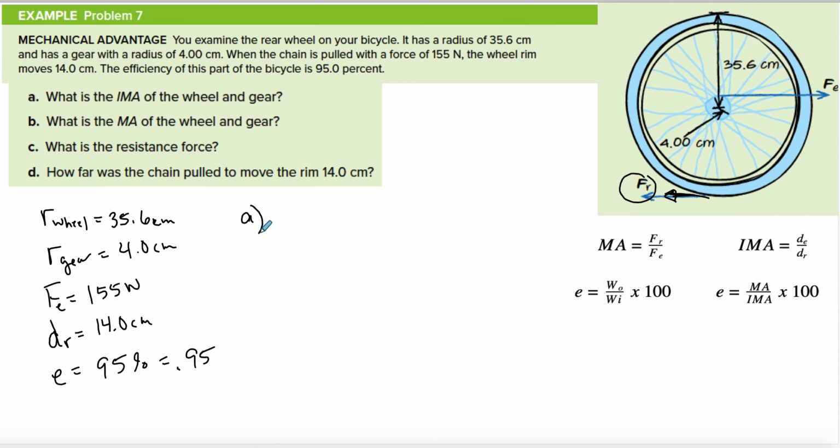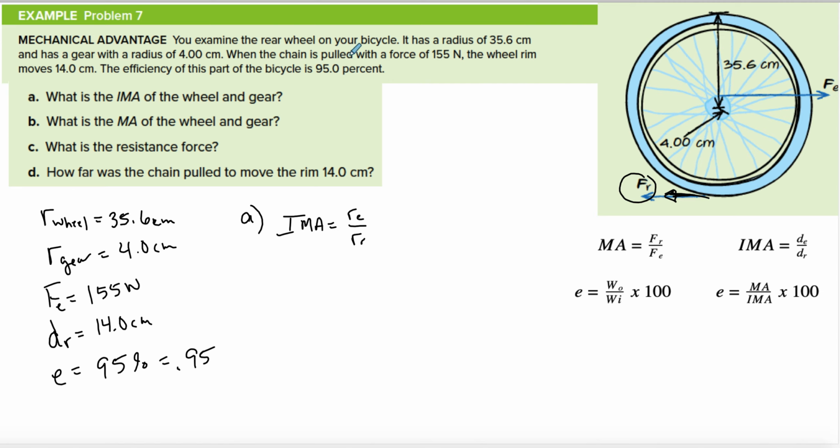So A, what is the ideal mechanical advantage of the wheel and gear? This is where we have to identify effort, forces, and such involved. So ideal mechanical advantage is going to be effort radius over radius of resistance. We have a couple things going on here because we're pulling on a chain.